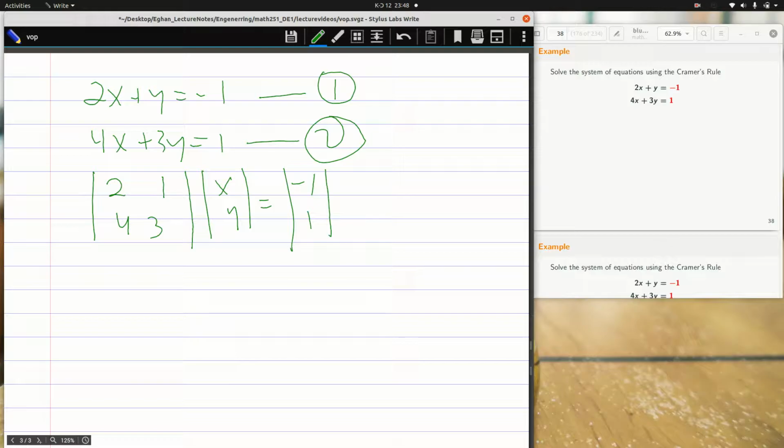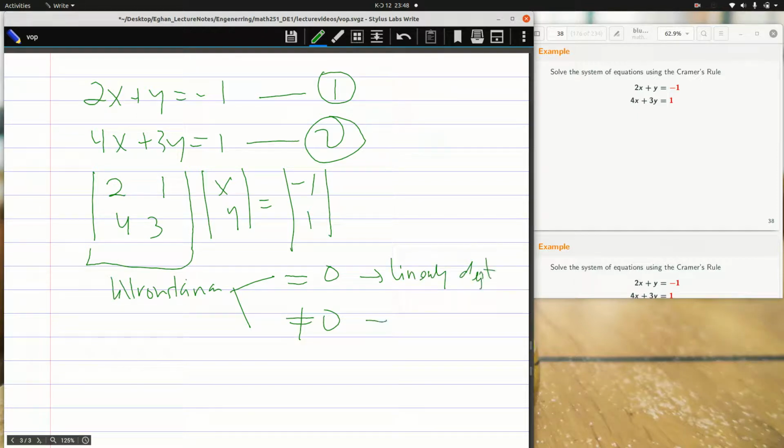But if I want to use Cramer's rule, this one here is called the Wronskian. And we find the Wronskian such that it can be equal to 0 or not equal to 0. If it's equal to 0, we say that it is linearly dependent. And if it's not equal to 0, they are linearly independent.